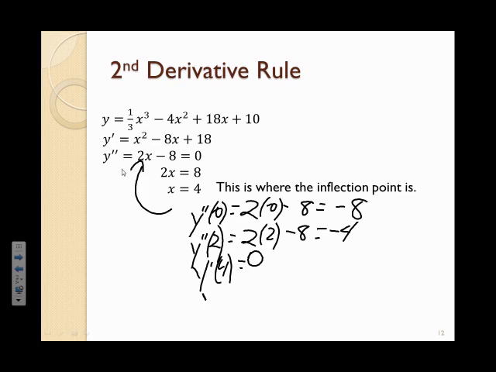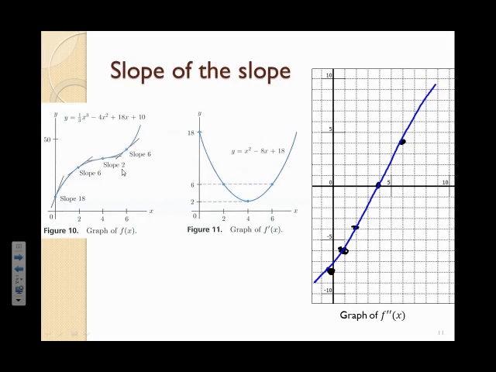A y double prime at 6, we get 12 minus 8, which is 4. And a y double prime of 8, we end up getting a positive 8. Now we realize that's the same values that we were graphing back here.